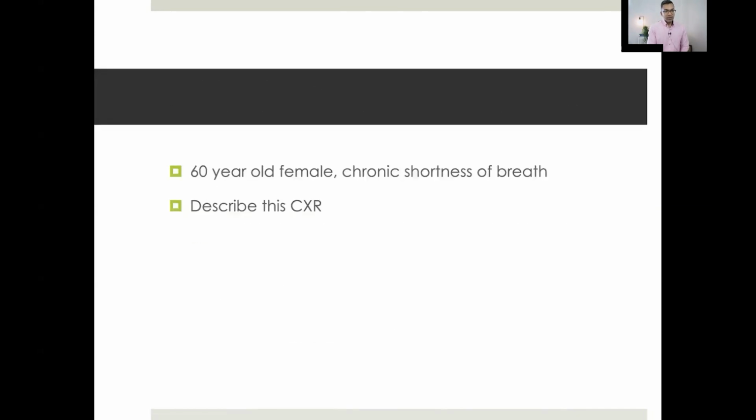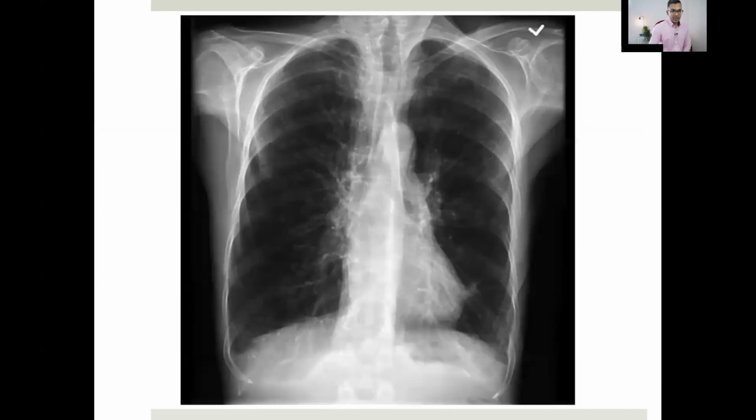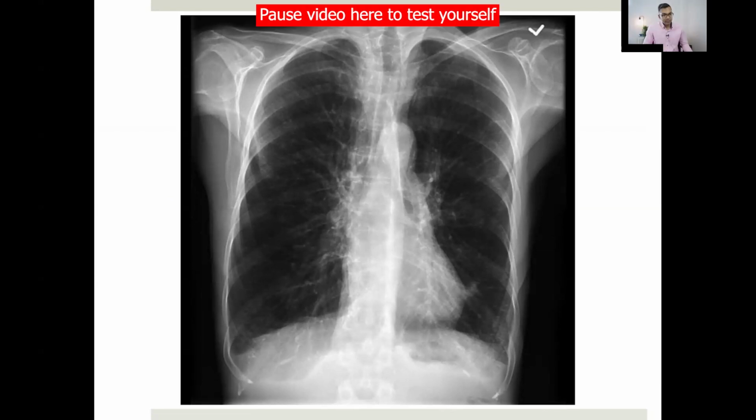Six-year-old female, chronic shortness of breath. Describe this chest X-ray. Again, I'll give people 20, 30 seconds to just comment on this. What can you tell me about this chest X-ray? So the most obvious finding on this chest X-ray is the hyperinflation of the airways.